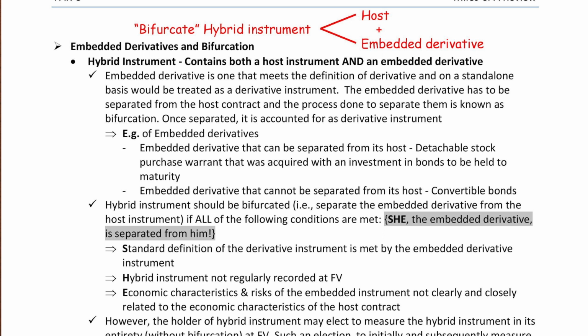Let's look at a couple of examples of embedded derivatives. The first one is an embedded derivative that can be separated from its host. For example, highlight a detachable stock warrant that was acquired with an investment in bonds. So the bonds, that's the host instrument. The detachable stock warrant, that's the embedded derivative. And we're going to cover these stock warrants in FAR 4.